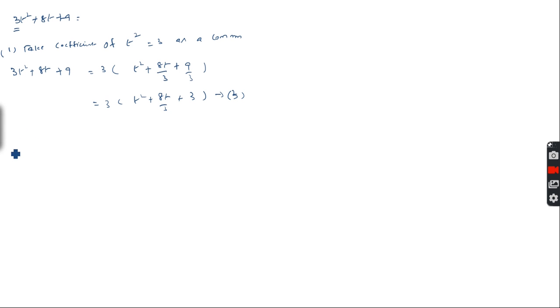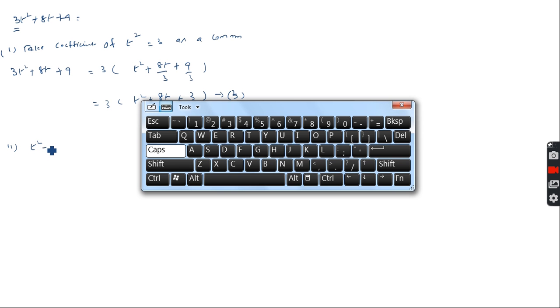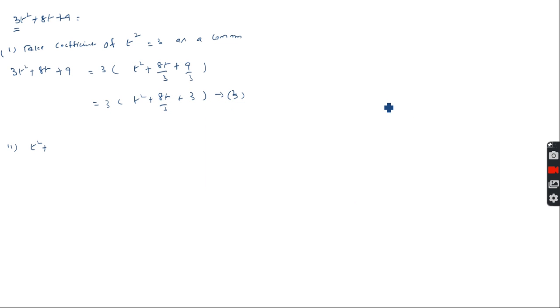So we write it as step 2. What is step 2? Step 2 is t square plus 8t by 3 plus 3, to be written as a sum of squares, x square plus or minus a square.